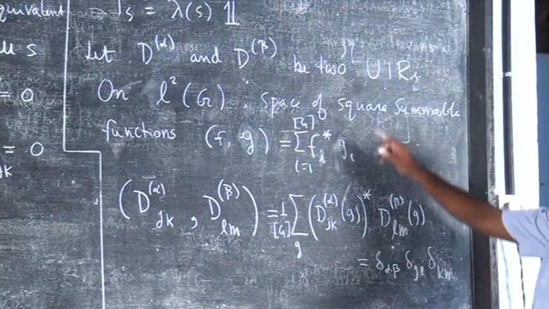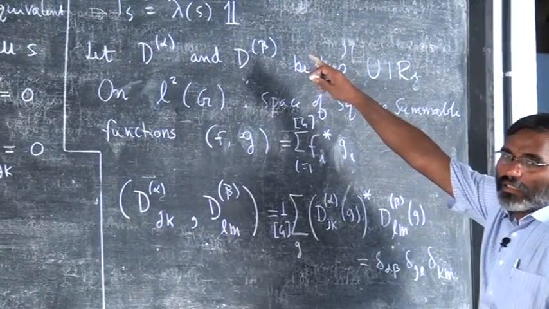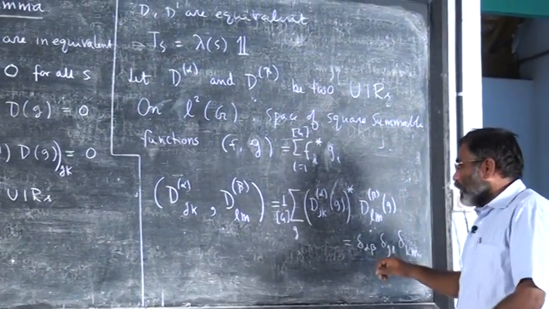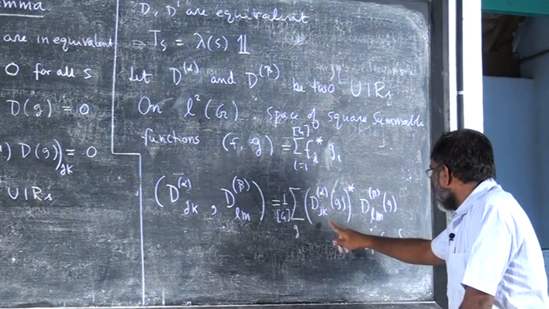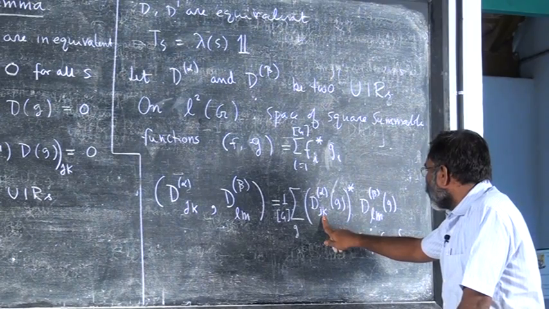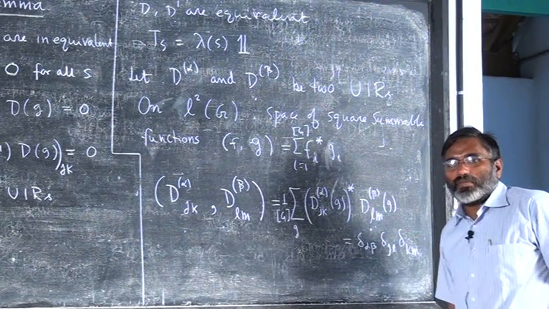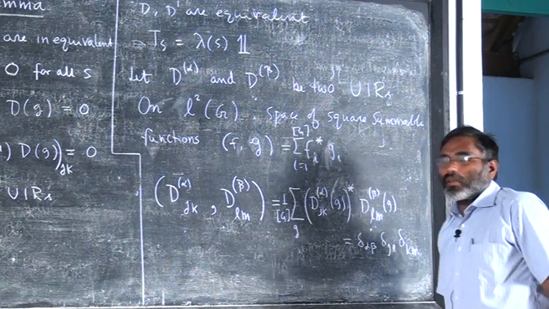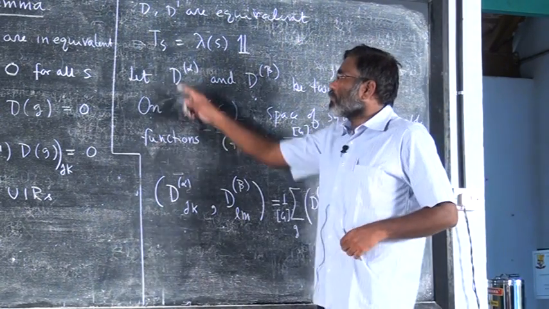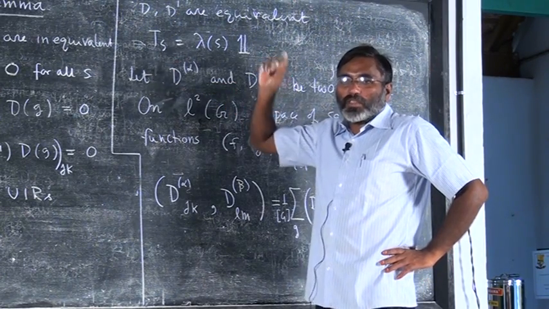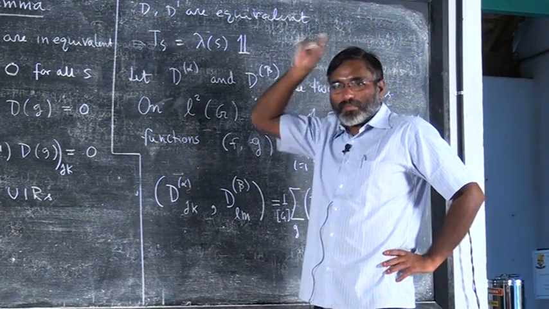That condition comes because of this identity here. Identity means that TS has to be identity if they are equivalent representations. You can always, through some similarity transform, bring it to that form.